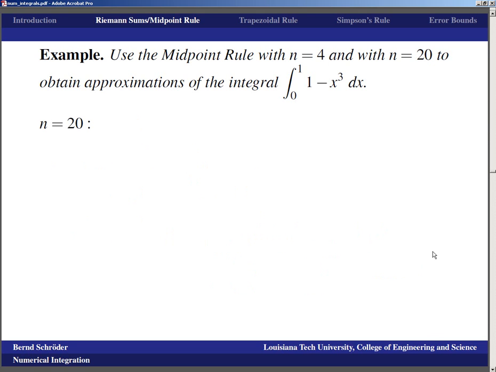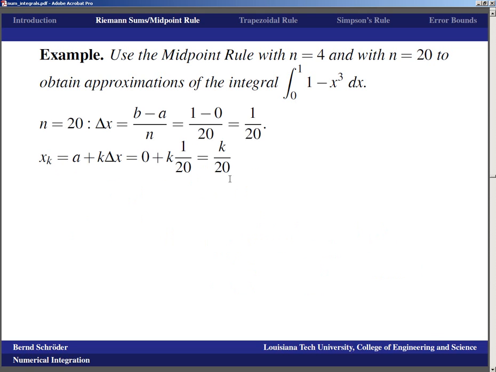If we use n equals 20, then of course we ought to get even closer, and so delta x is, as before, 1/20th. xk are the same xk's as before, it's k over 20. xk bar, well, that's the midpoint between xk minus 1 and xk, so that would be 1/2 a plus k minus 1 delta x, which is the xk minus 1 here, and a plus k delta x, which is the xk.